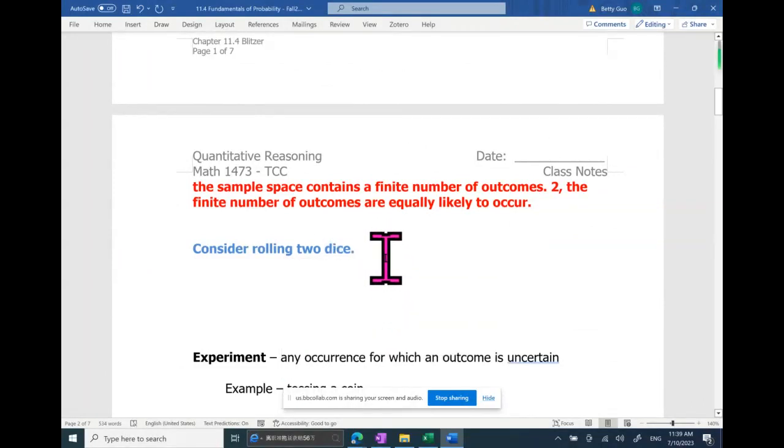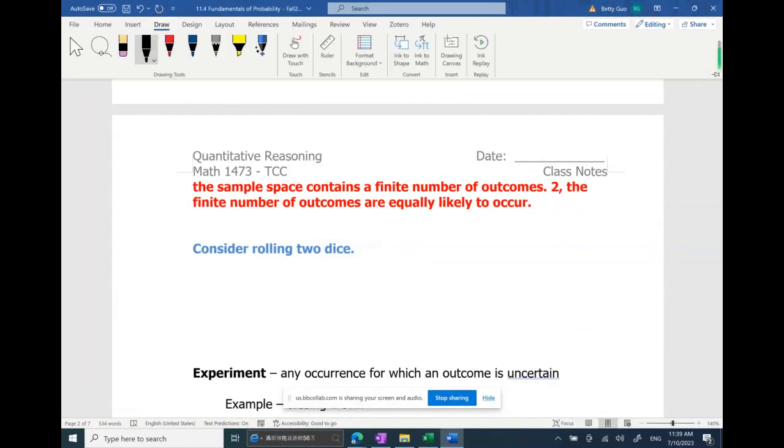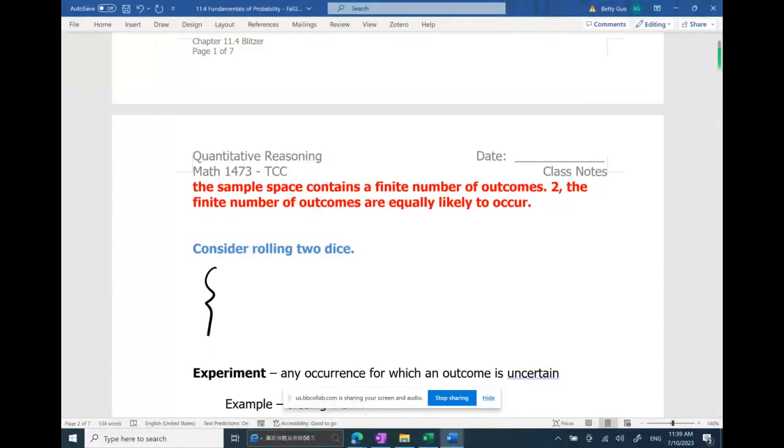Dice, okay, yeah, the plural is dice, rolling two dice. And consider the sample space of this experiment. How do we record the outcome? Since we have two dice, we're going to have two numbers, right? One number from the first die, the second number from the second die. So one way to record the outcome is to use an ordered pair.